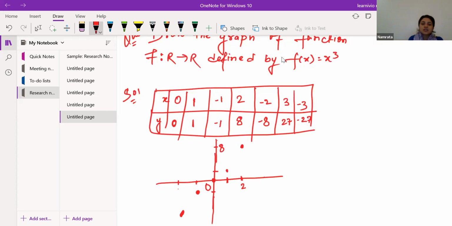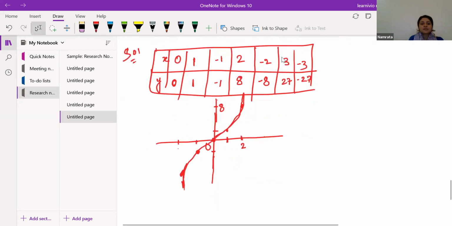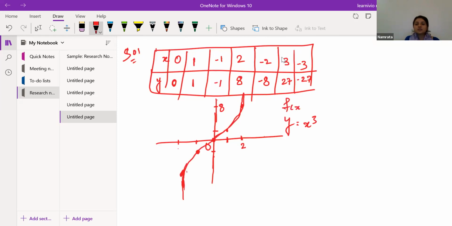The graph will look like this. Can you see it? This is the graph of the function y equals x cubed, or f of x equals x cubed. Okay.